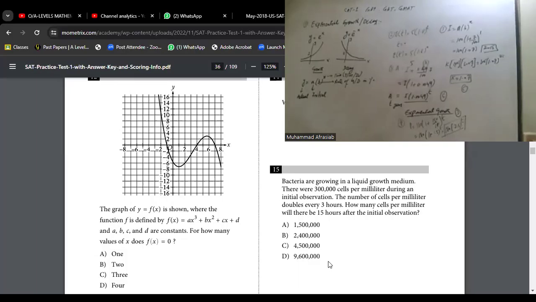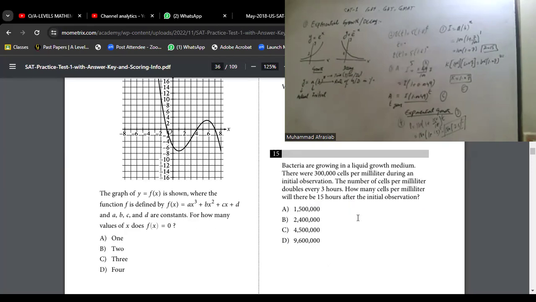Question number 15 now. The bacteria are growing in a liquid growth medium. There are 300,000 cells per milliliter during an initial observation.